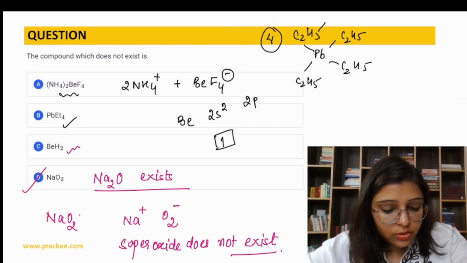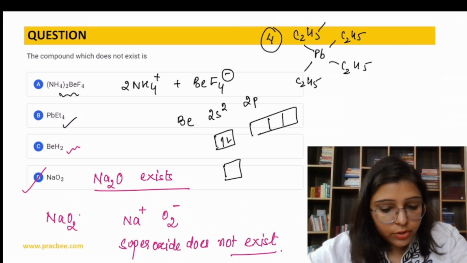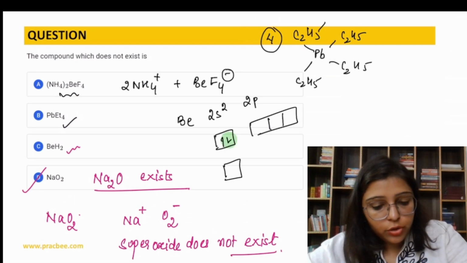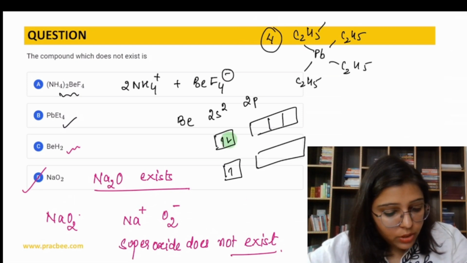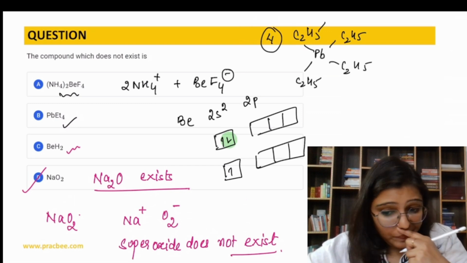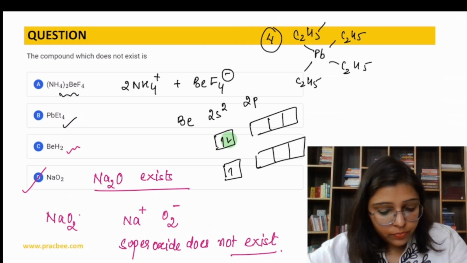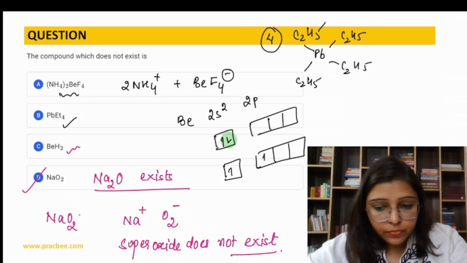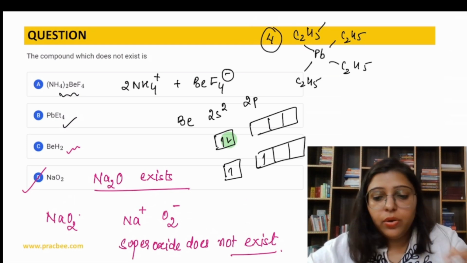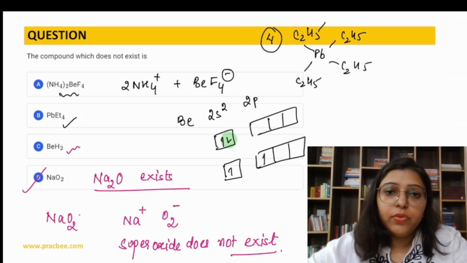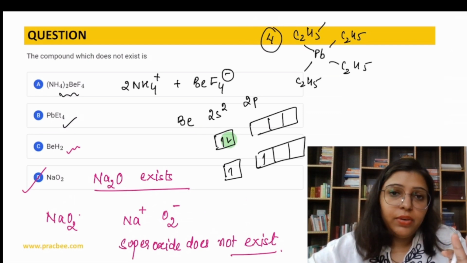So 2s has 2 electrons and 2p has no electron. So what happens? One electron of 2s is promoted to 2p. Okay? So in that way we can say it can form bond, right?